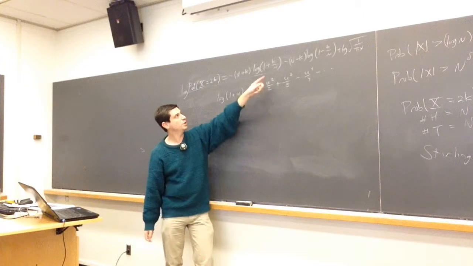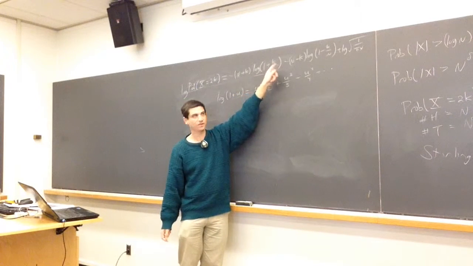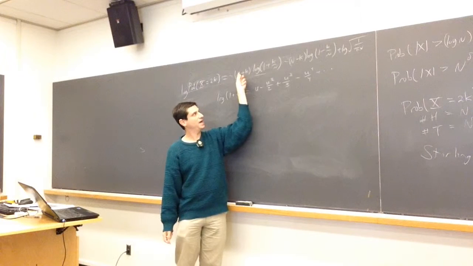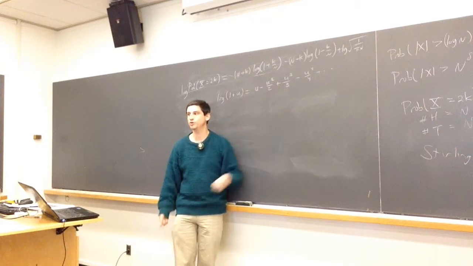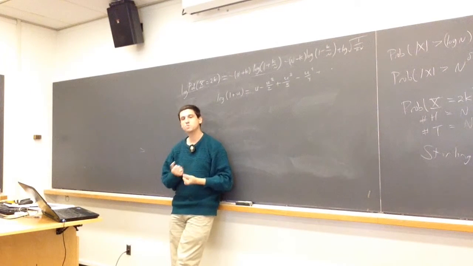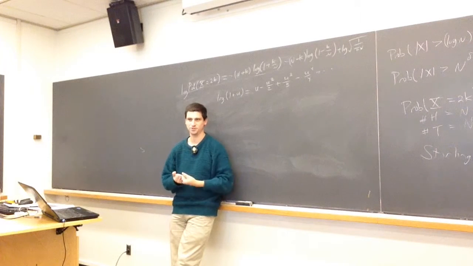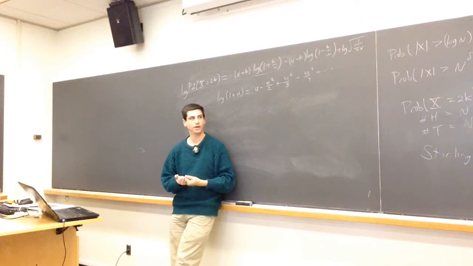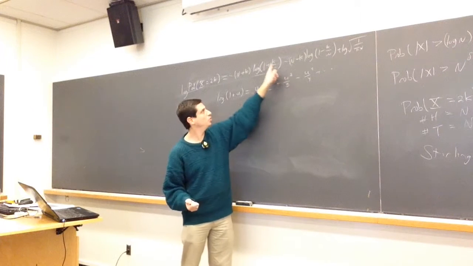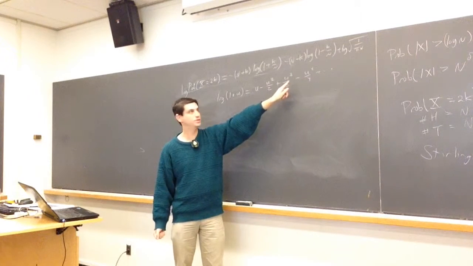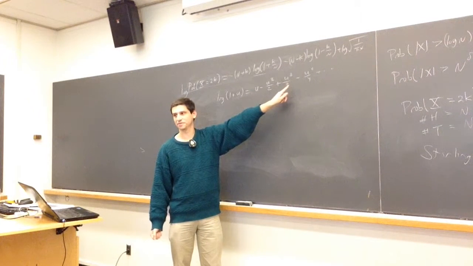The next term will be k squared n over n squared. So we'll get k squared over n. We expect k is of size square root of n, maybe a little bit larger. So k squared over n is going to be roughly of size 1. When we get to the next term, we'll have k cubed over n squared.